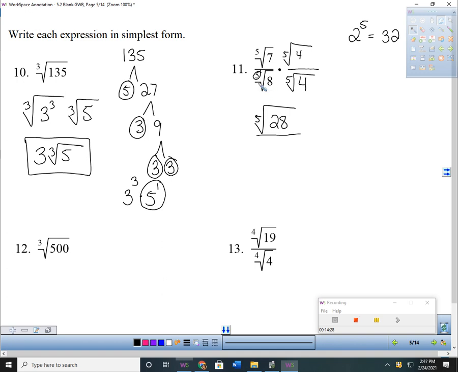The fifth root of 8 times the fifth root of 4 is the fifth root of 32, which should be a perfect fifth root, correct? And what is the fifth root of 32? It's 2. It should always be whatever number you raise to that fifth power, right? So on top, I have the fifth root of 28, and on the bottom, I have 2.